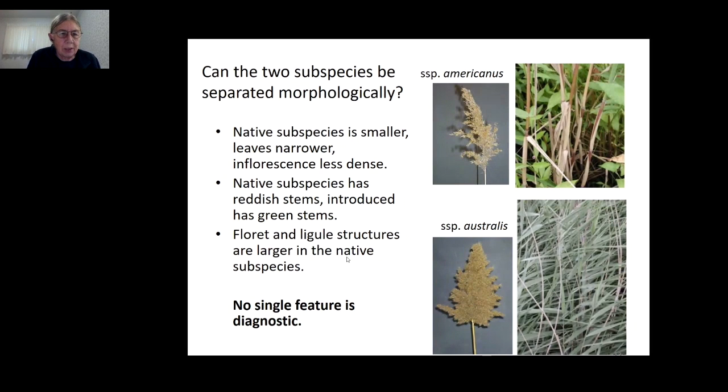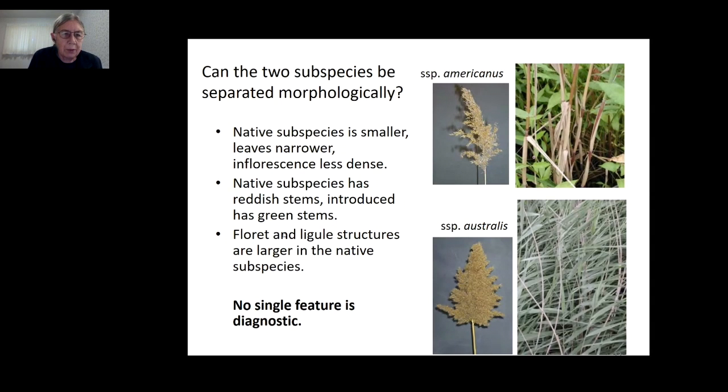And these differences I have here were already known. We already knew the native subspecies is smaller, it has narrower leaves, less dense inflorescence, and it has reddish stems, whereas you don't see those typically in the introduced subspecies.